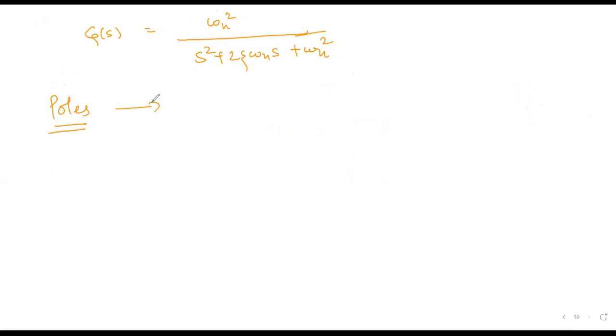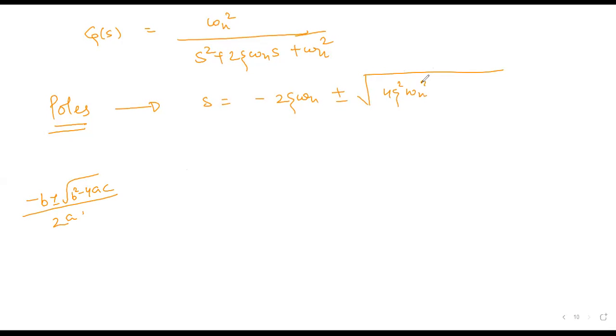If you find the poles, s is equal to minus 2 zeta omega n plus minus under root b square minus 4ac by 2a, right? This is 4 zeta square omega n square minus 4 omega n square upon 2.